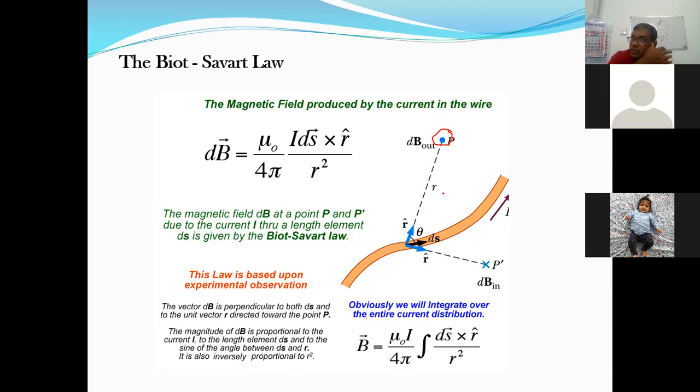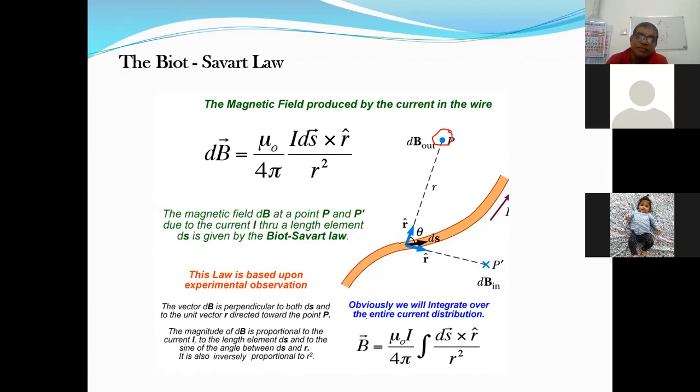r squared is the distance between the selected point on the current carrying conductor and P. But r dash is the vector in that direction, the unit vector in that direction.